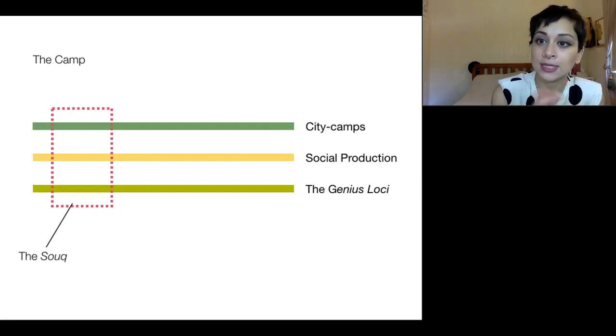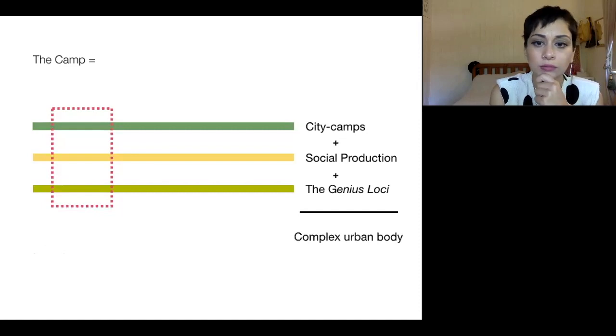You know, when you visit a town and you know that there is something special, particular about it, it's called the genius loci, according to Norberg-Schulz.